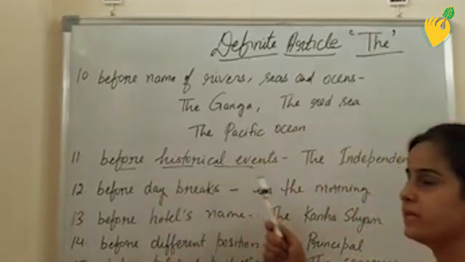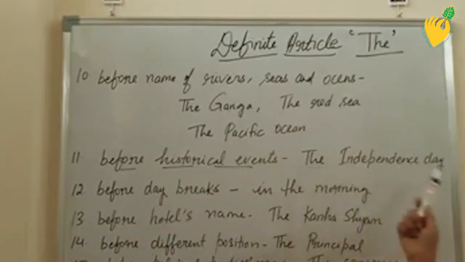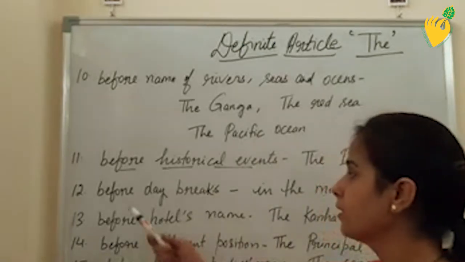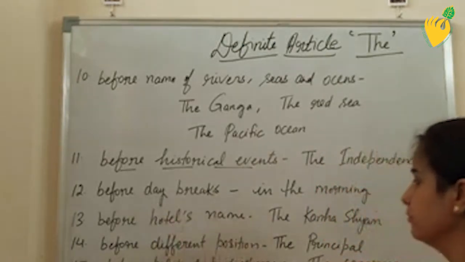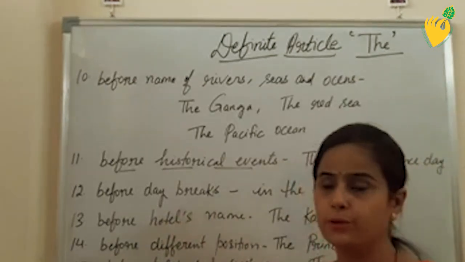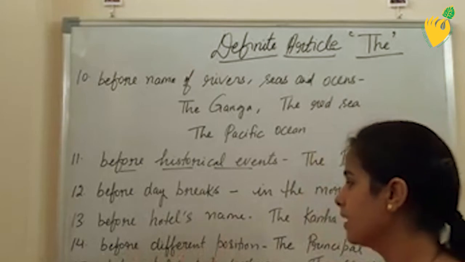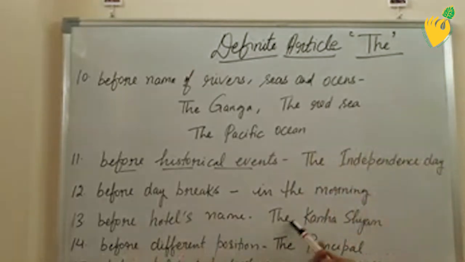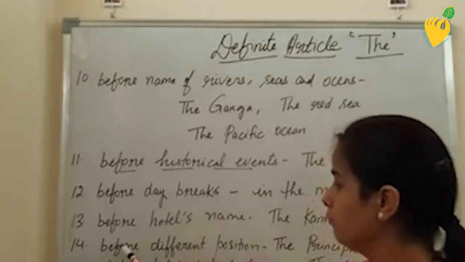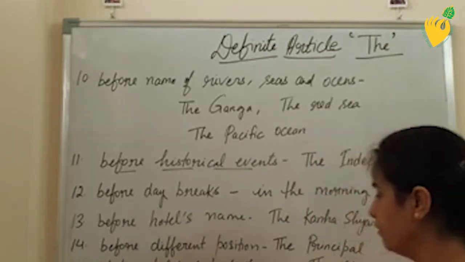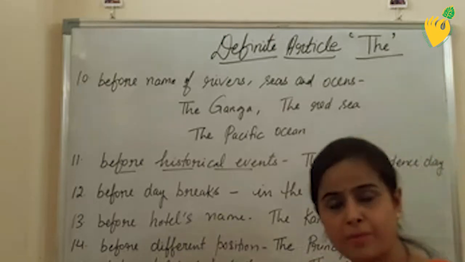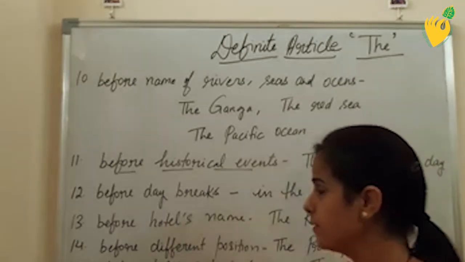Before historical events, for example, the Independence Day, the Republic Day, the Gandhi Jayanti. Before day breaks, for example, in the morning, in the evening, in the afternoon. Before hotel names, for example, the Kanha Sham, the Landmark. Before different positions, for example, the principal, the prime minister, the president.